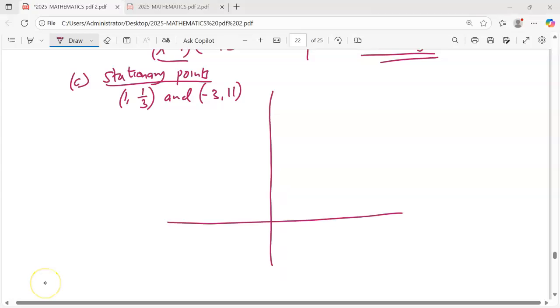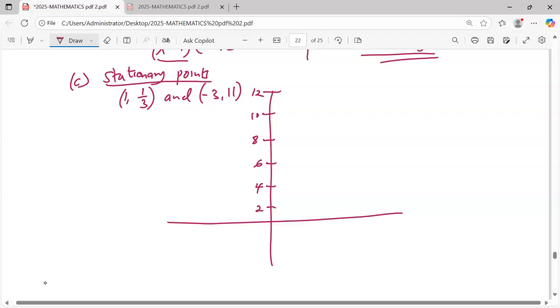So the highest value of y is 11, and therefore we are going to use a scale of simply 2 units. This one will be 4, 6, this one will be 8, 10, and this one is going to be 12.